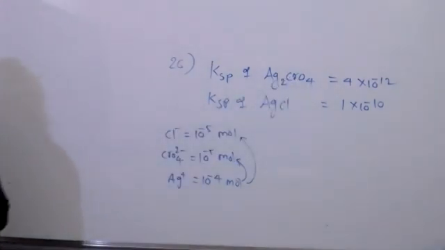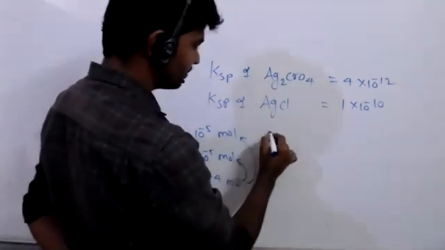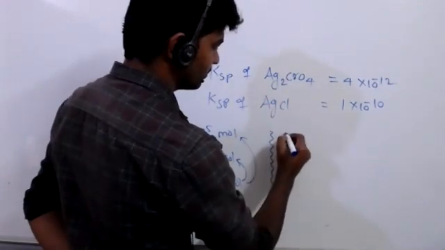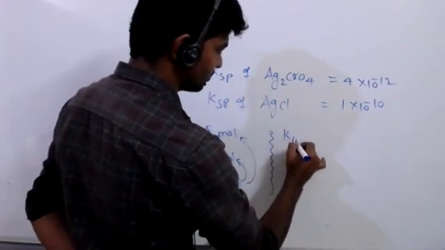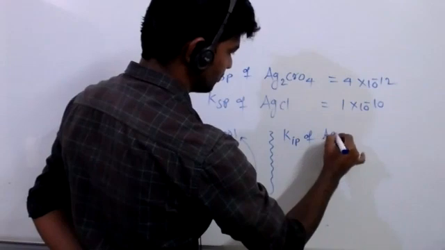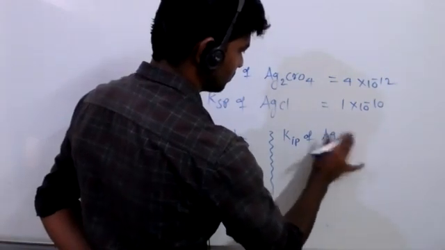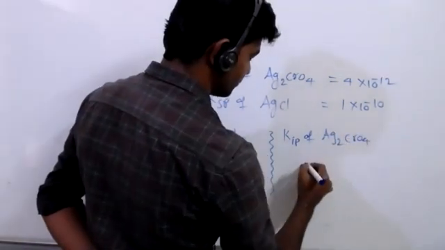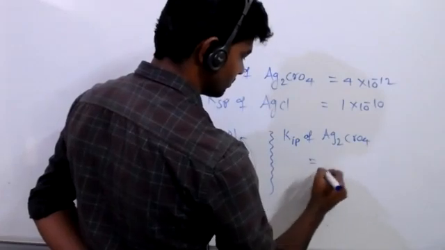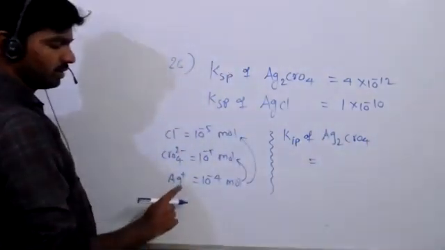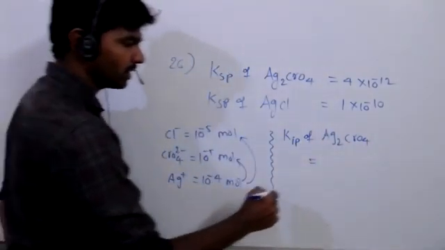First, we will calculate the ionic product of silver chromate. Two Ag we have, each Ag plus concentration is 10 power minus 4.